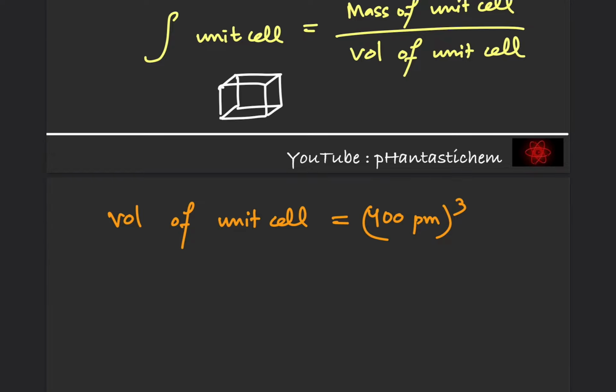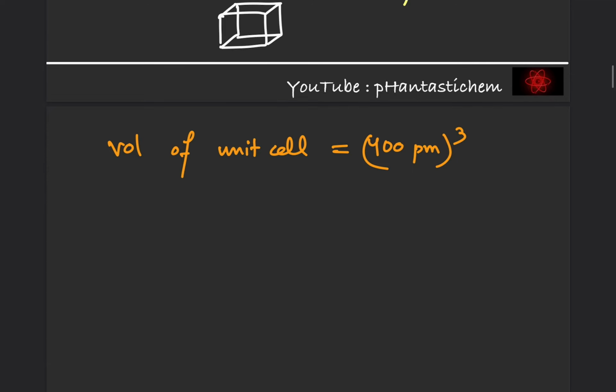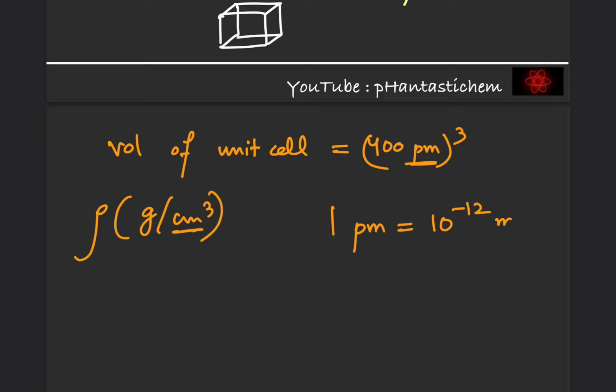There is one important catch here: in the question they have mentioned we have to calculate density in gram per centimeter cube. So be careful of the units also. Therefore I will convert picometer into centimeter. We know that 1 picometer is 10 to the power minus 12 meter, and 1 meter is 100 centimeters, so it is 10 to the power minus 10 centimeter.